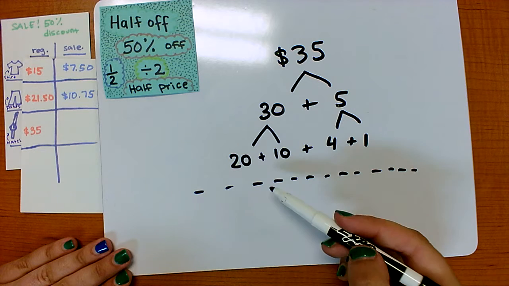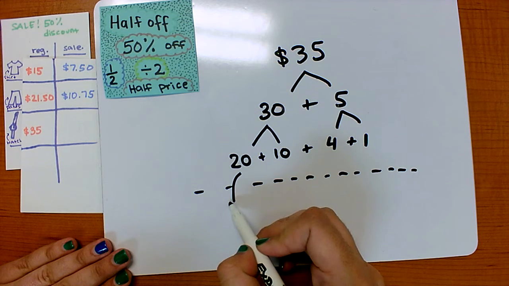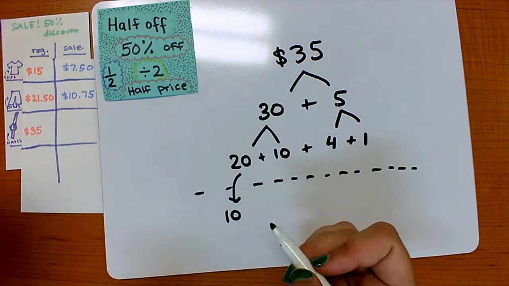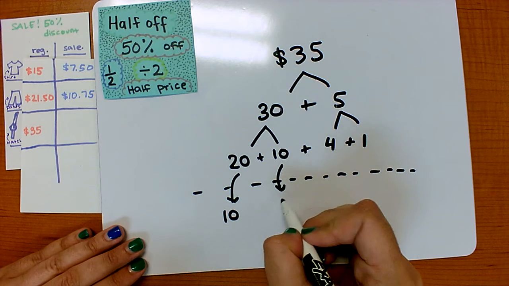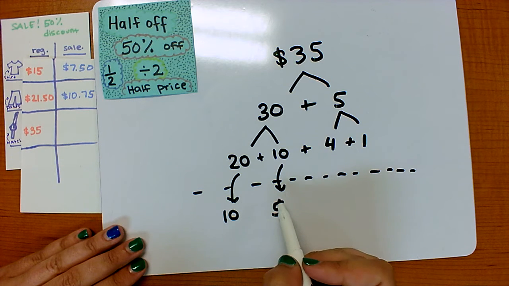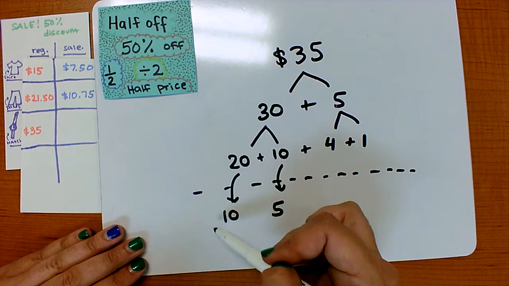A dotted line, so I can organize my writing. I'm going to put half of each part in here. Half of 20 is 10. Half of 10 is 5. And that's where that 15 comes from if you had skipped the step and gone straight into half of 30.